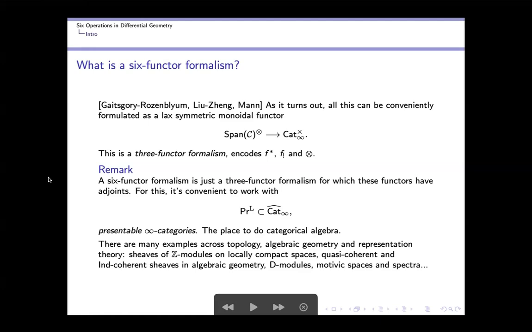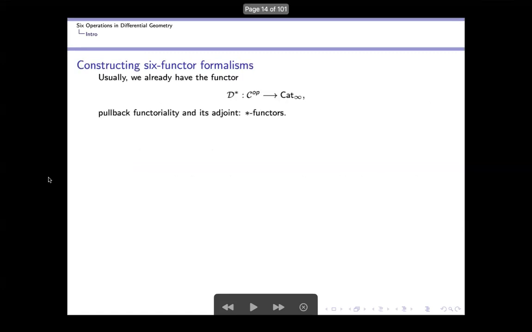Okay. I should mention that constructing six-functor formalisms is hard work. What one usually starts with is the star functoriality. You have the star functors, usually some version of sheaves, and you want to construct all this other data.